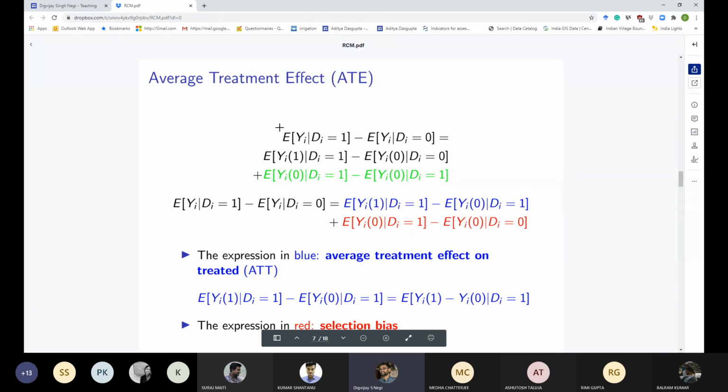Notice that the left hand side of this expression is written in terms of the observed outcomes, what you observe. But we can express this in terms of the potential outcomes.